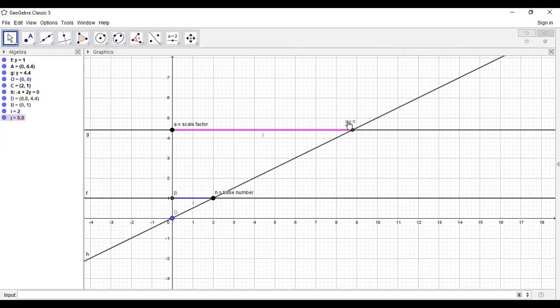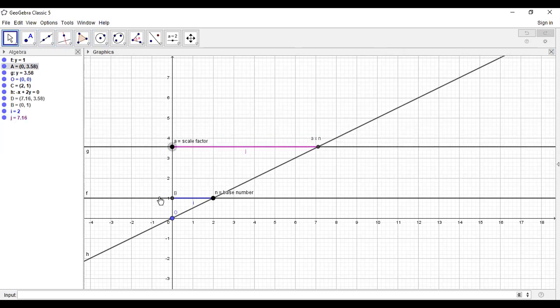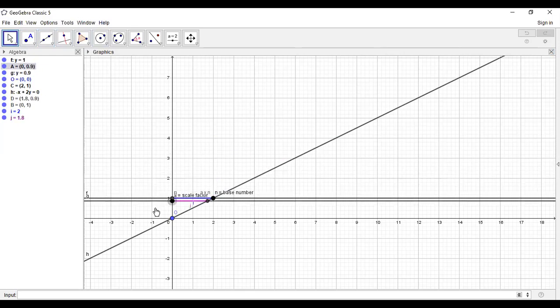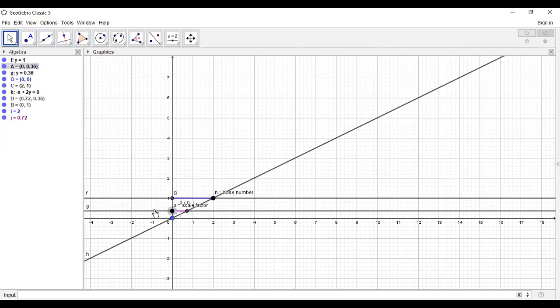Okay, so you can see that AN has become smaller than n.